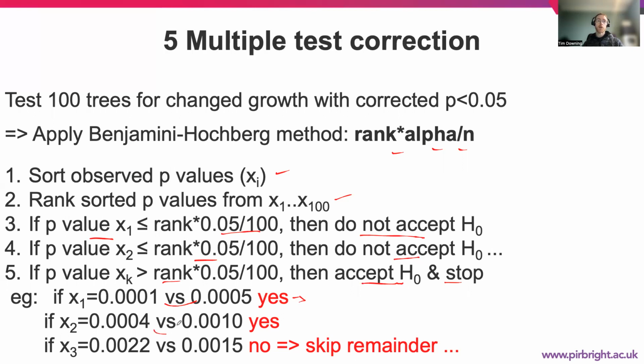If our next one is 0.0004, that's less than the threshold value of 0.001. However, if we meet the third one, it's 0.022 and our threshold is 0.0015, we'll say no, that conforms to the null hypothesis, and the remainder will be skipped.